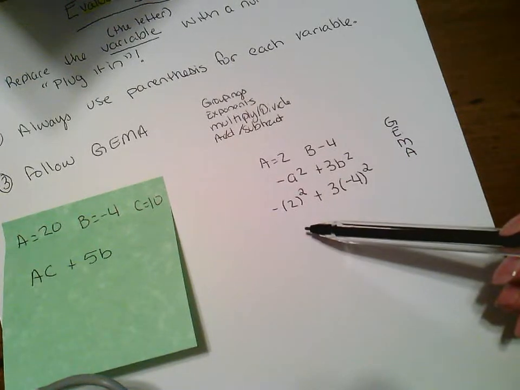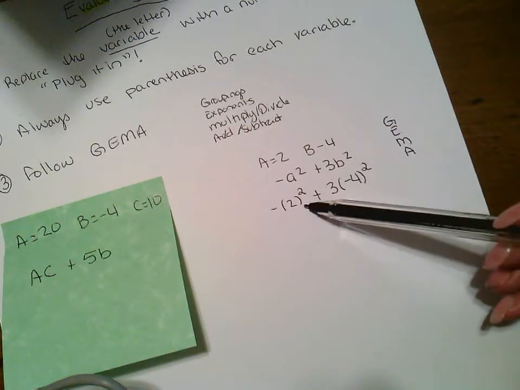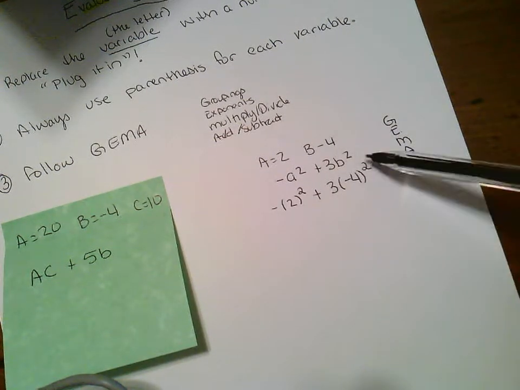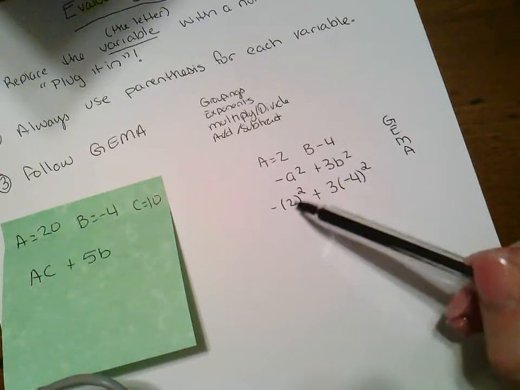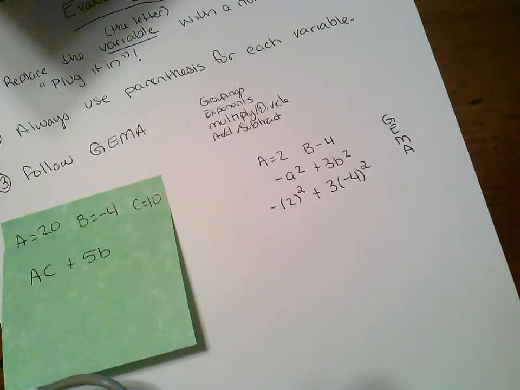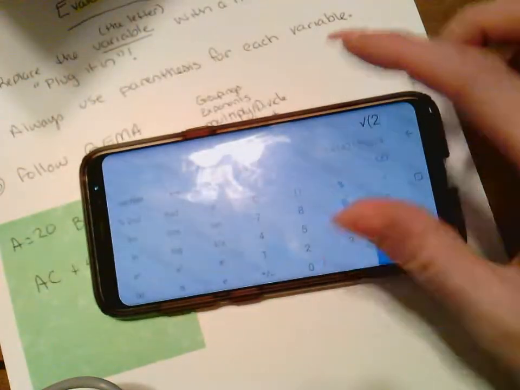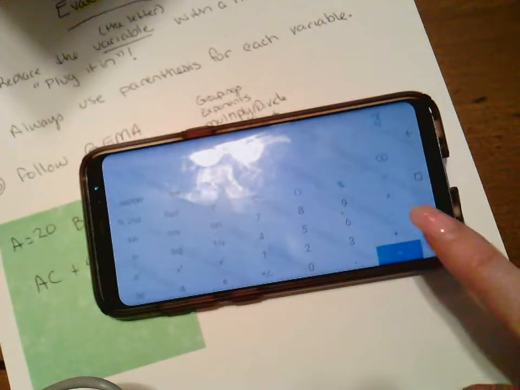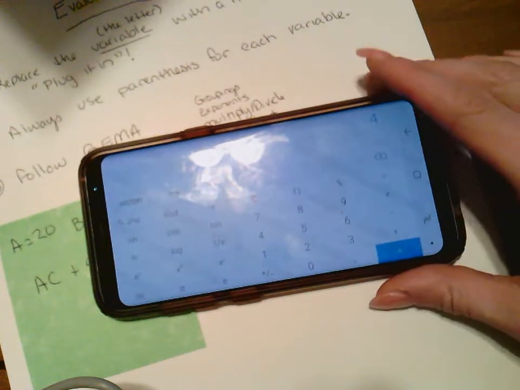With my exponent, I can look and I see 2 that have exponents. This one and this one. I'm going to go left to right. So I'm going to start with this 2 squared, which if I do it in my calculator, 2 squared equals 4.